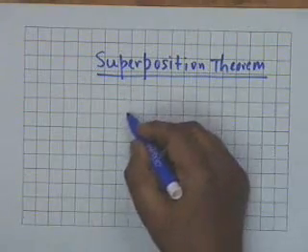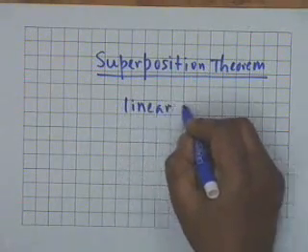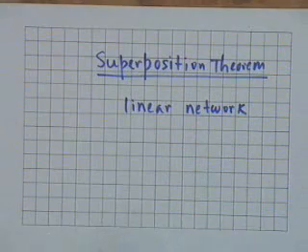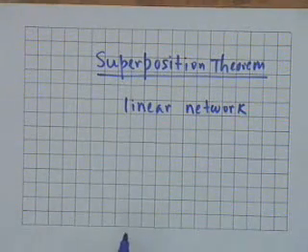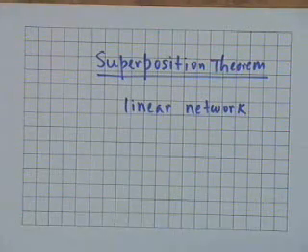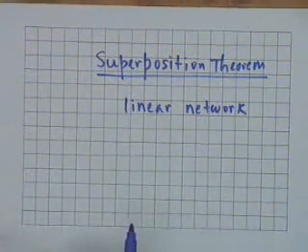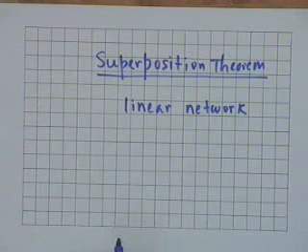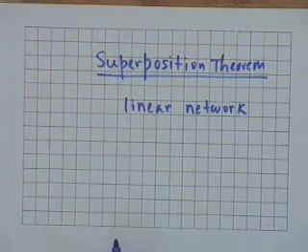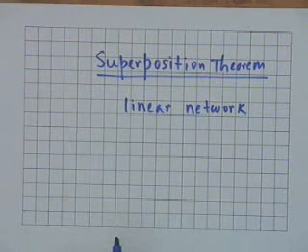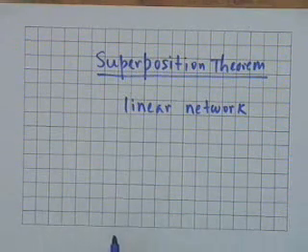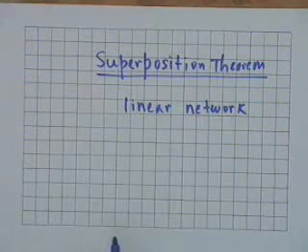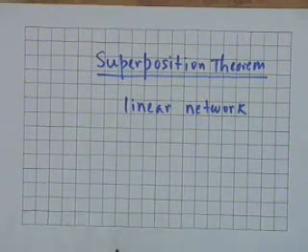It states that in a linear network, the current or voltage in any branch, any resistance, is the superposition of the corresponding quantities, that is currents and voltages, due to individual sources, each acting independently with other sources replaced by their internal resistances. Try to understand this, you will write later.